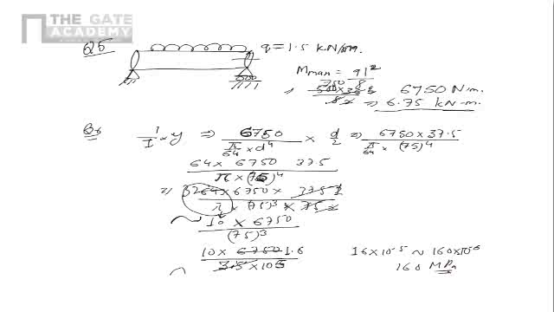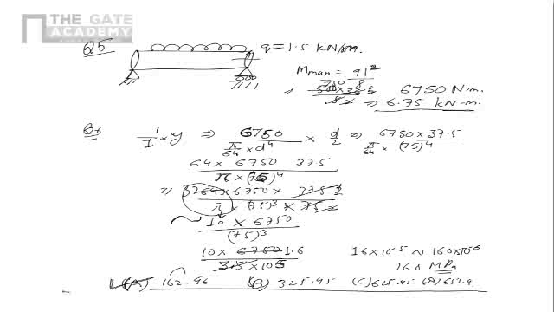Option A is 162.98, option B is 325.95, option C is 625.95, and option D is 651.9. All of them are in MPa, so option A is right. It is 162.98. So that's question number 6.